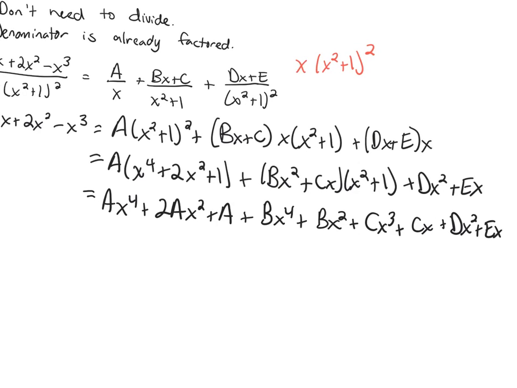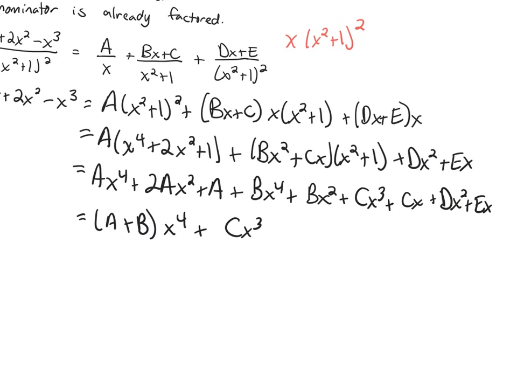Now what I really care about is the coefficients of all of my terms, so I need to group all the like things together. What about x to the 4th? Which ones do I have x to the 4th in? A and B, so I get (A plus B) x to the 4th. What about x cubed? C, x cubed, I only had one.